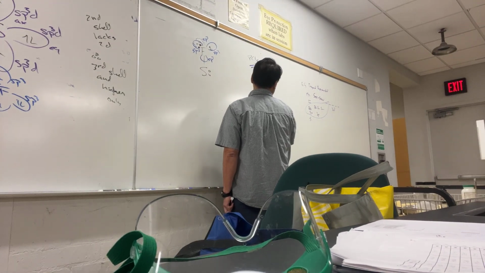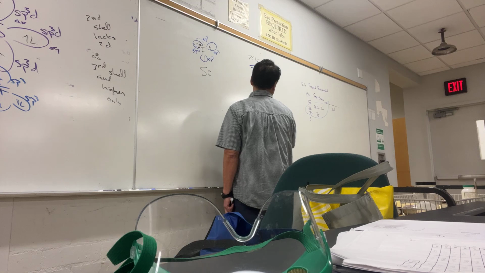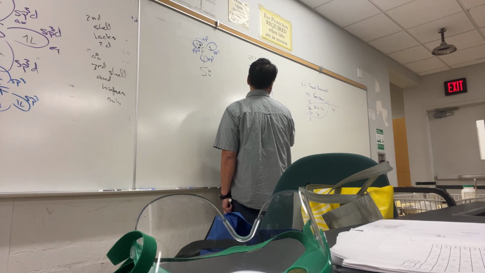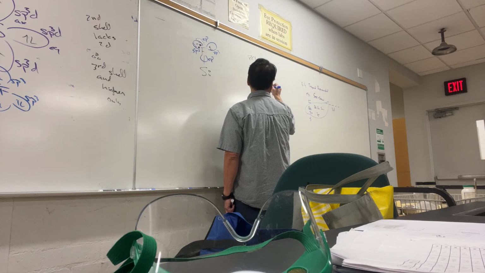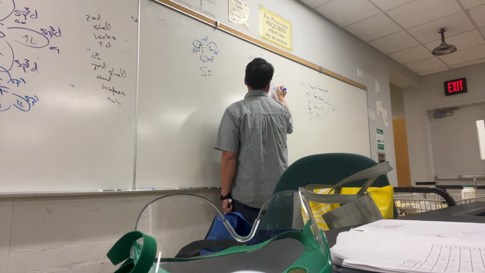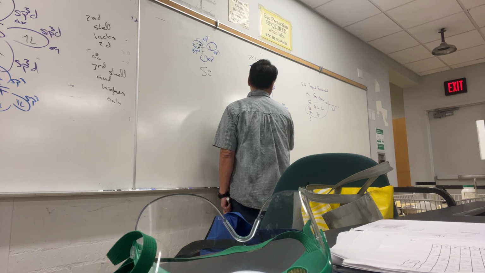If we do PCl5, we do the Lewis structure, it's going to come out like this. We have 5 chlorines bonded. There are no lone pairs on phosphorus. Chlorine doesn't like the bridge.